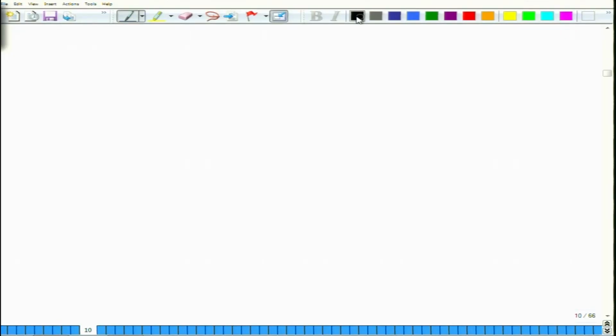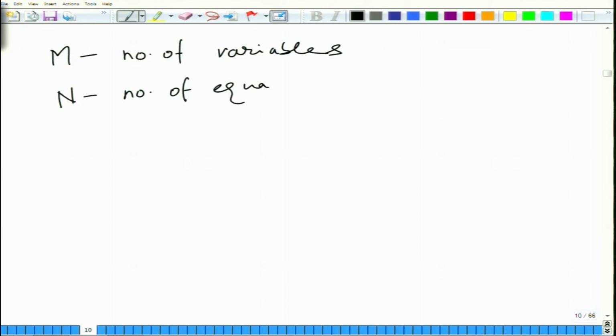To begin with, let's say you have m number of variables. These m variables are related by n number of equations.